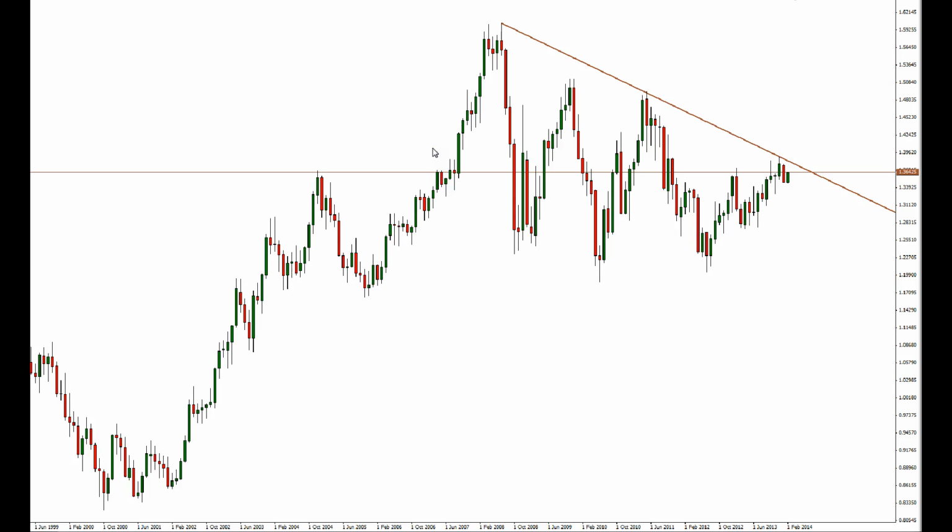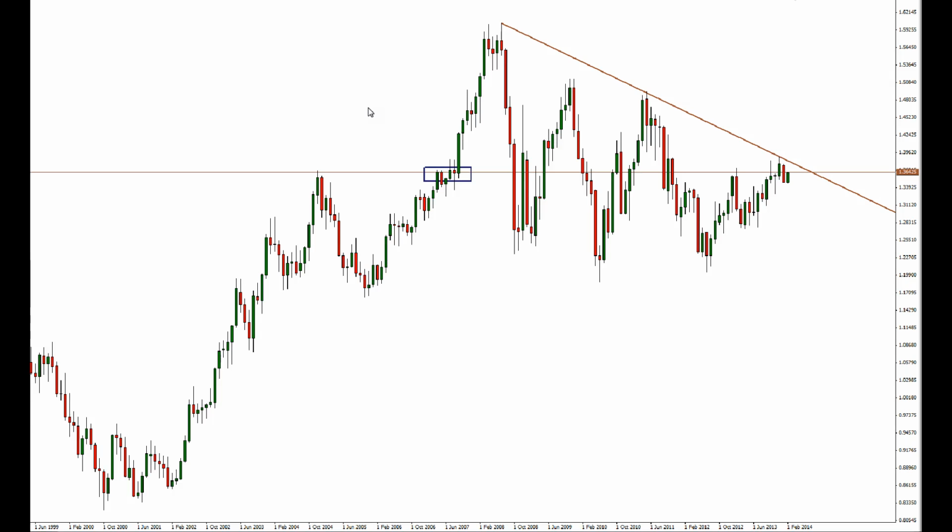I call this kind of situation, when initially the level acts as a resistance, and then when the price closes above it, suddenly the last swing acts as support, a flip.